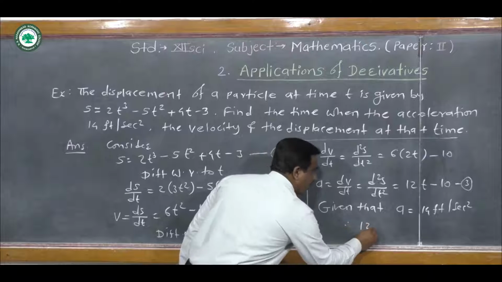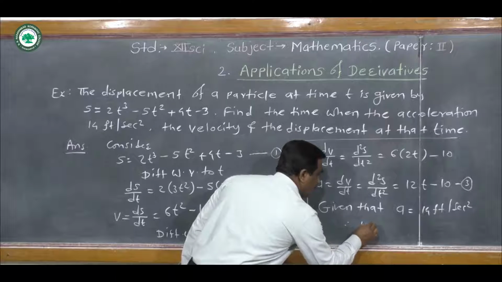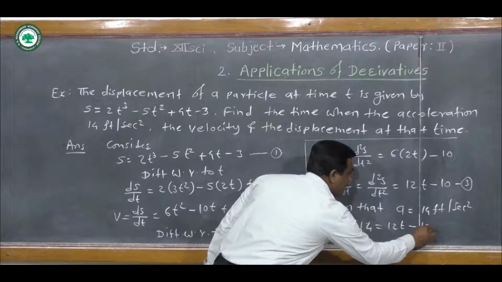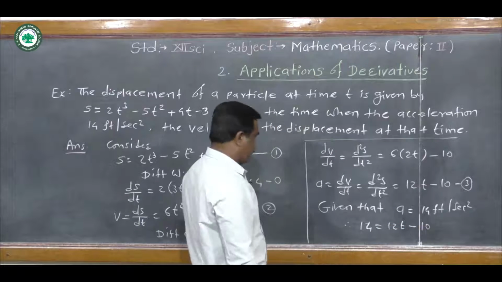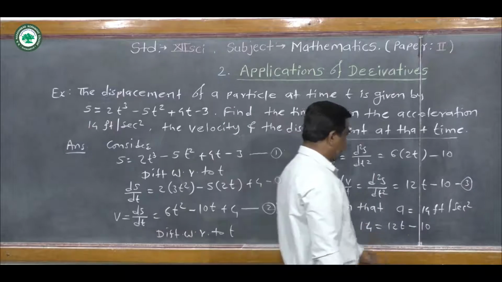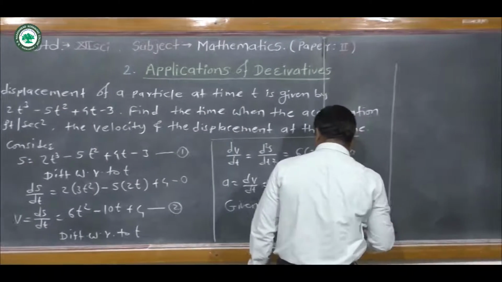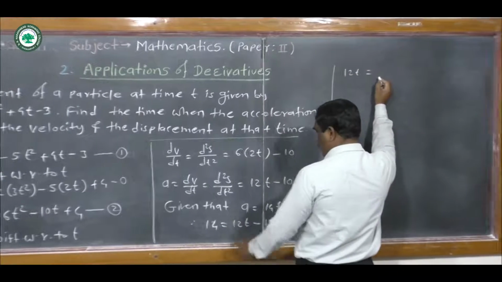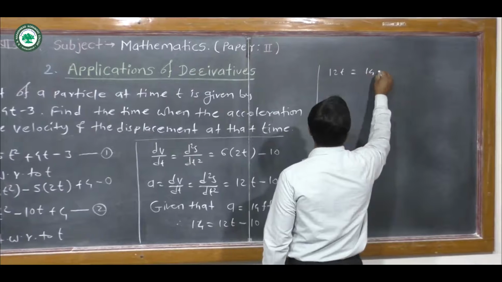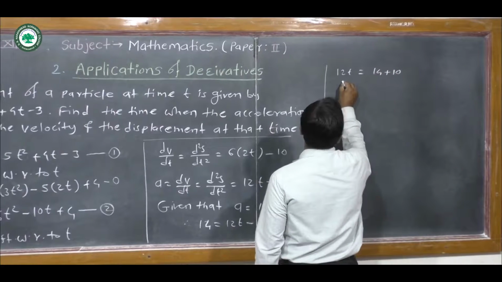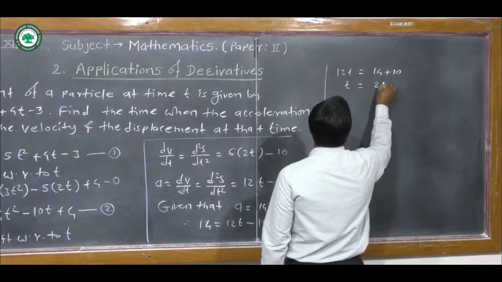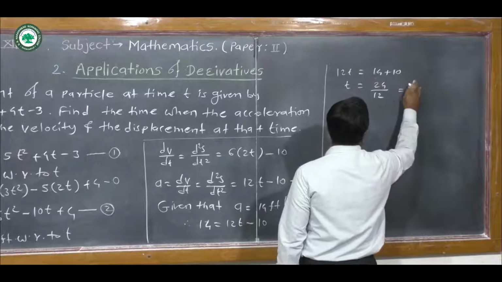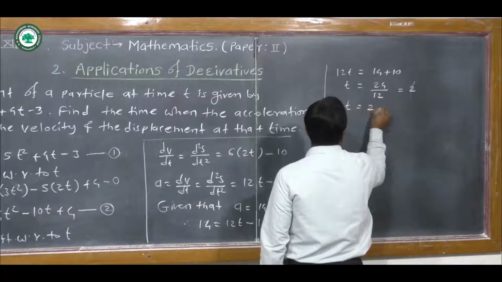Therefore, 14 equal to 12t minus 10. That is, 12t is equal to 14 plus 10, that is t is equal to 24 upon 12 equal to 2.